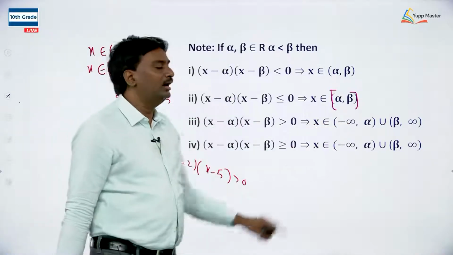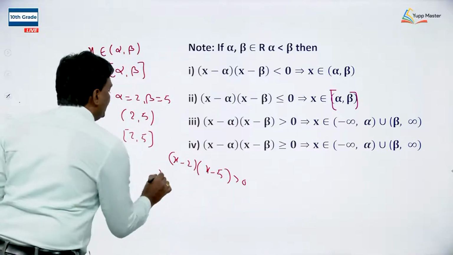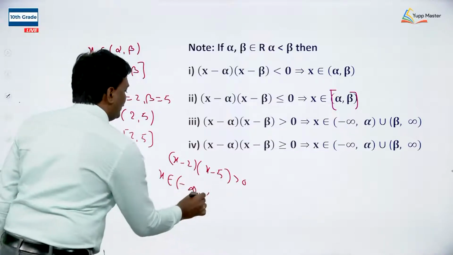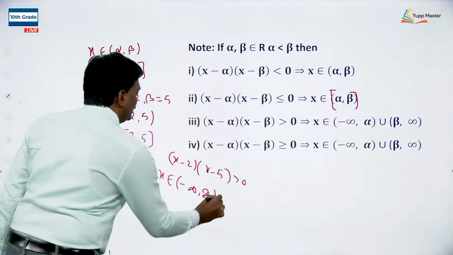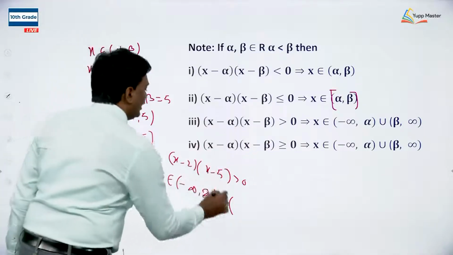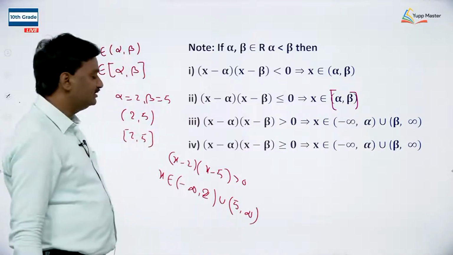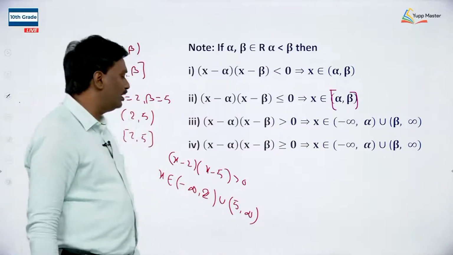According to this formula, x belongs to minus infinity comma 2 union 5 comma infinity.